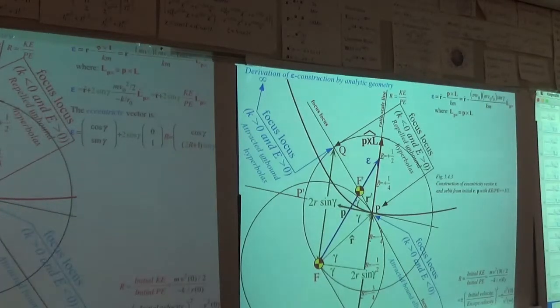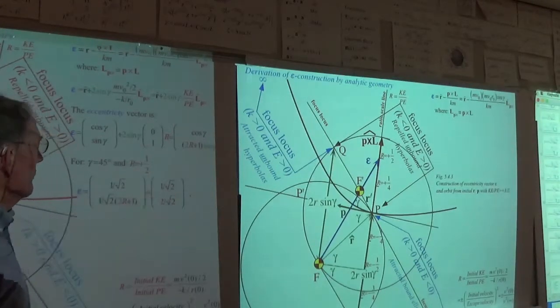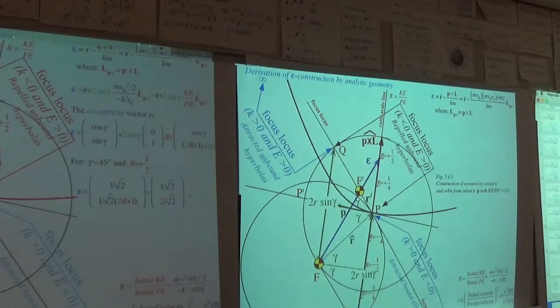So if you work that all out, for example, for R equal 1/2, that would be this one right here, or that's minus 1/2. Here would be plus 1/2, so this is what we're actually drawing there. This particular case has an epsilon vector, that's this whole thing here, that in this particular coordinate system is 1 and 2 square roots of 2.